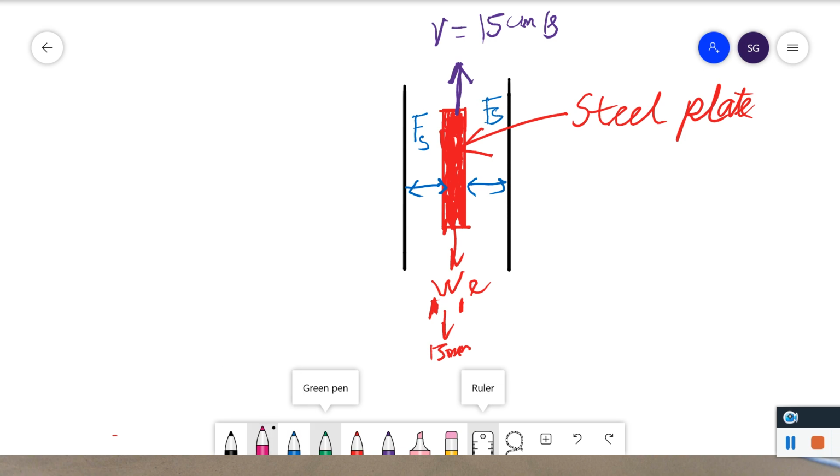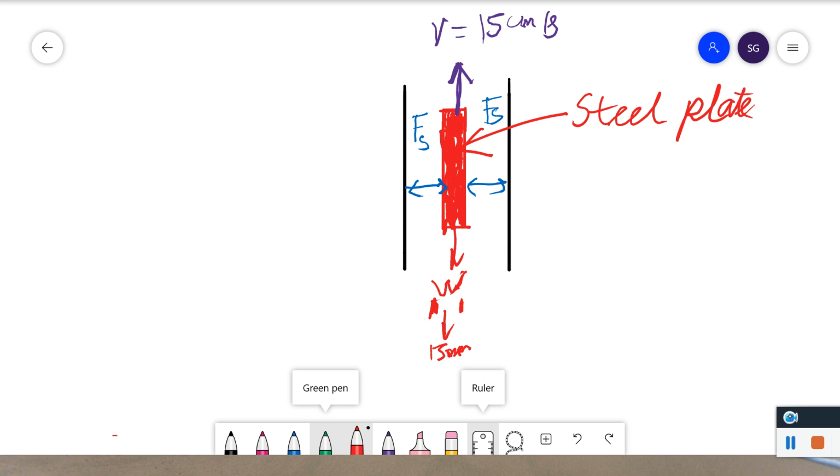Students, let's start. I will just explain the question. As per the question, this is a steel plate and it has this gap of 15 mm between them.